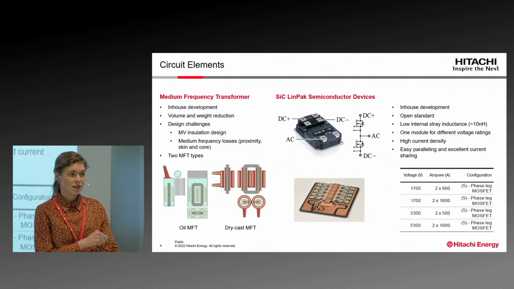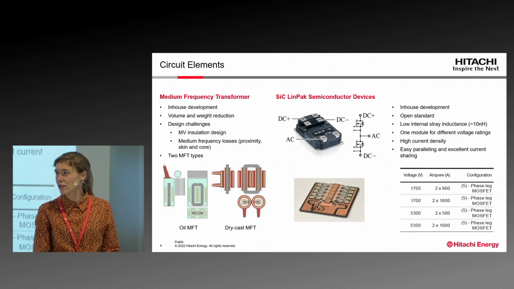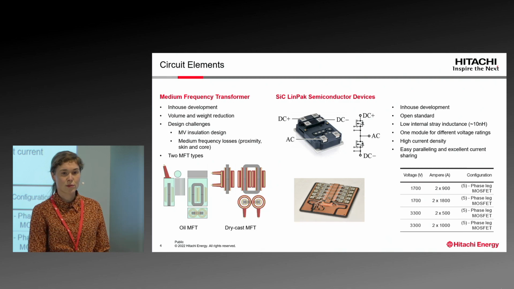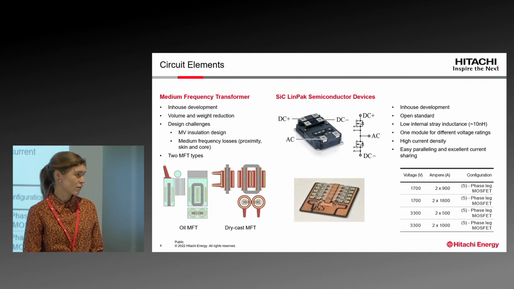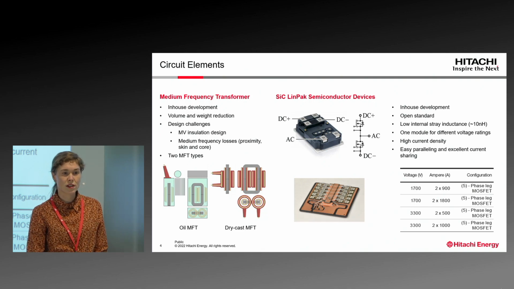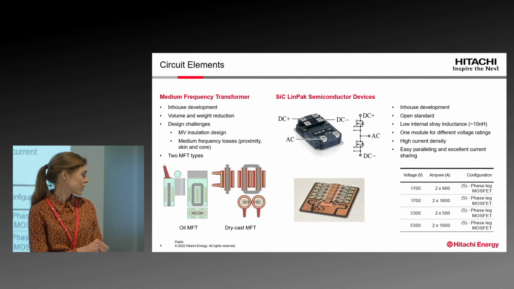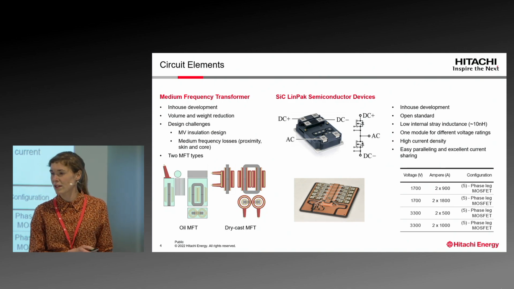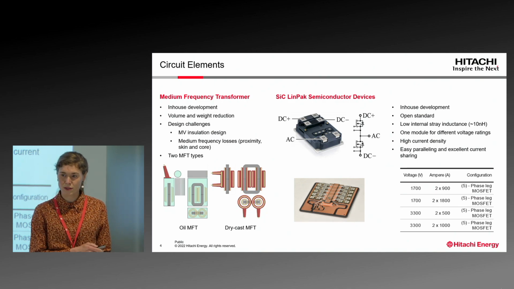There are 2 types that are currently developed in Geneva. We have the oil MFT and the dry type MFT. In the demonstrator in our lab, we used the oil type MFT. It's also water cooled. In the future, we will also test the dry cast MFT, but all the results that I will present to you now are based on the oil MFT.